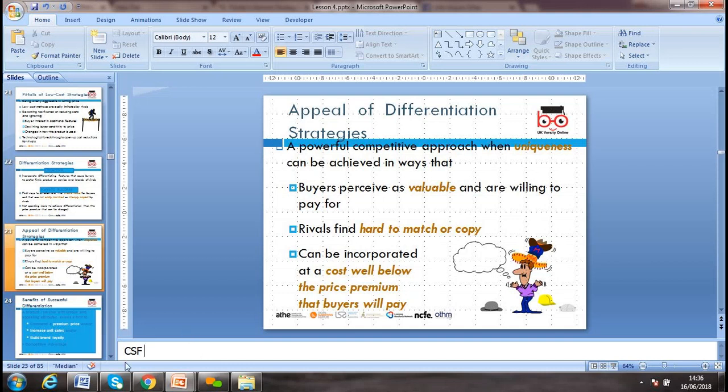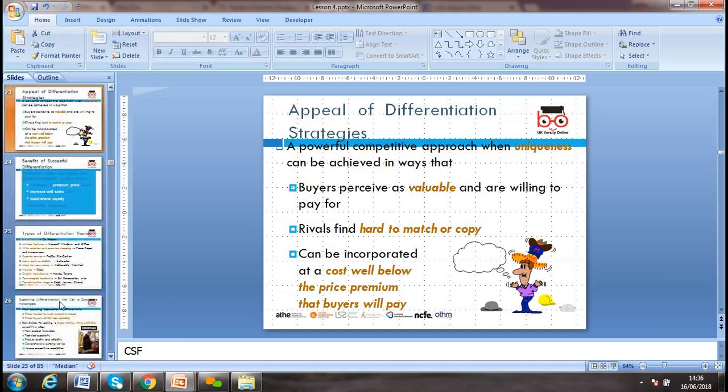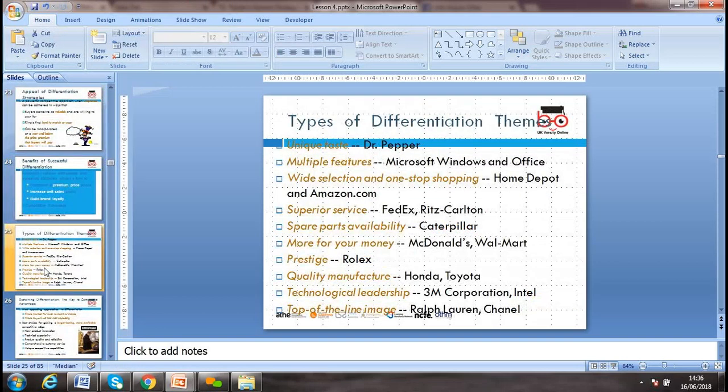Okay, so next, types of differentiation. We have a unique taste, like Dr. Pepper, which is a drink. Multiple features, like Microsoft Windows, that's a differentiation. Wide selection and one-stop shopping, Home Depot and Amazon.